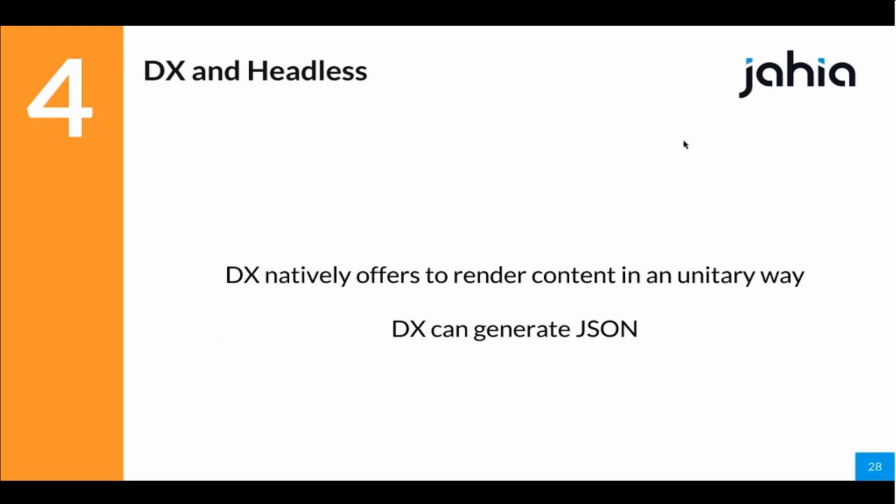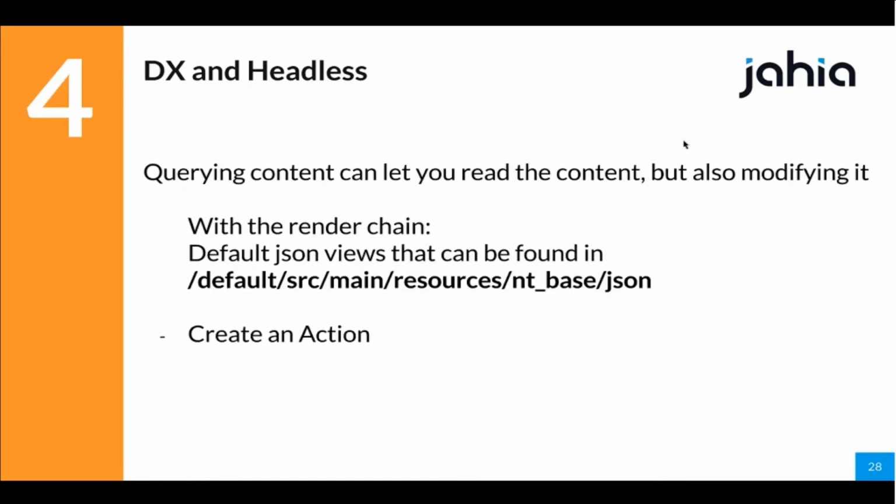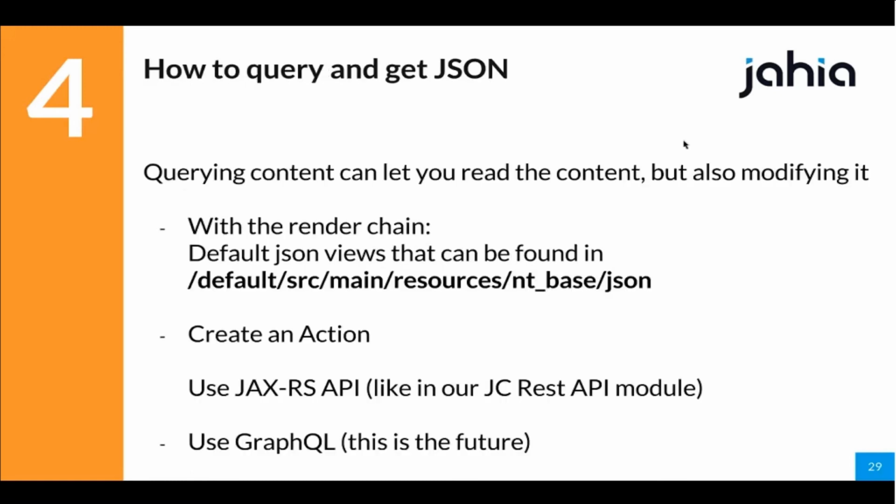DX right now already offers the ability to generate JSON out of the box. There are default rendering views for each node that can be rendered in JSON. It's really just the node rendered, so you will have all the properties directly in a flat state. By default, the view is NT-based JSON, so that's why I was saying every node can be rendered in JSON.